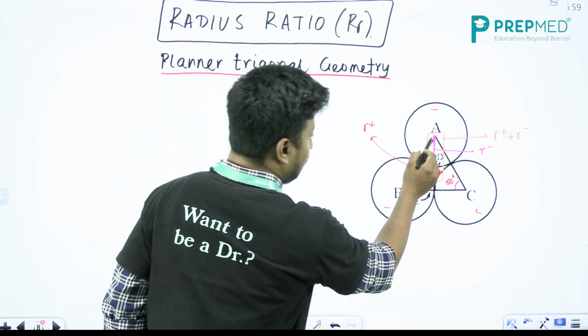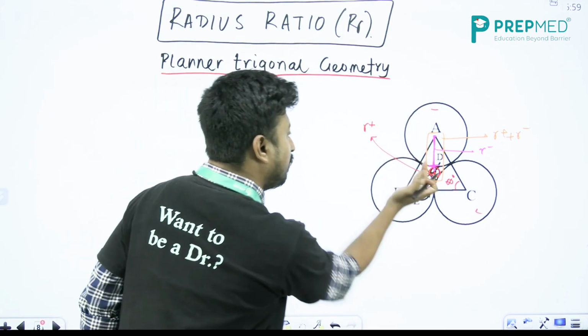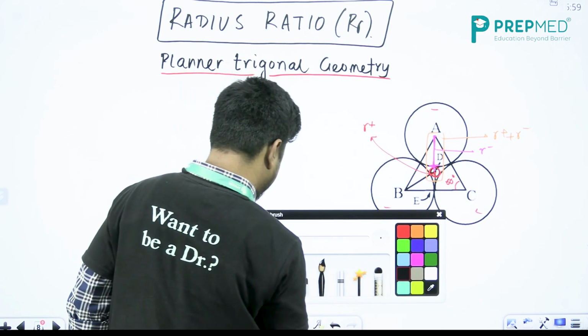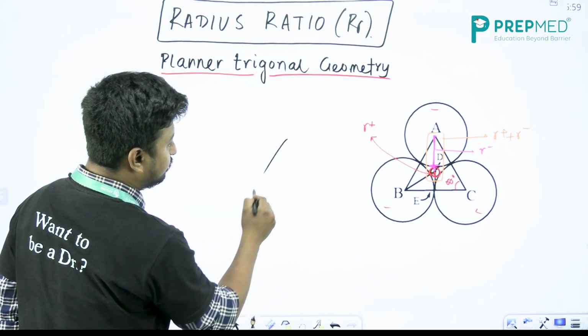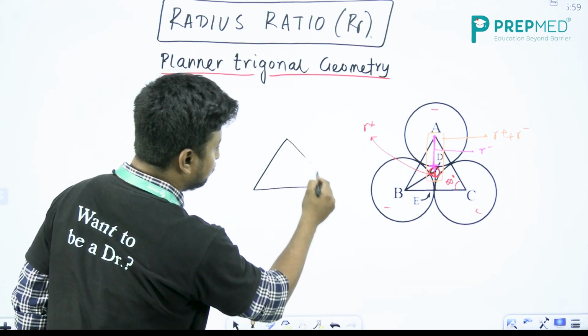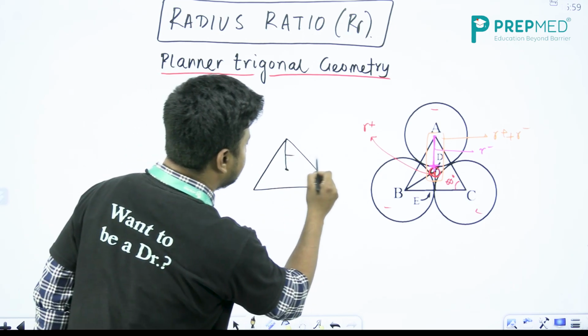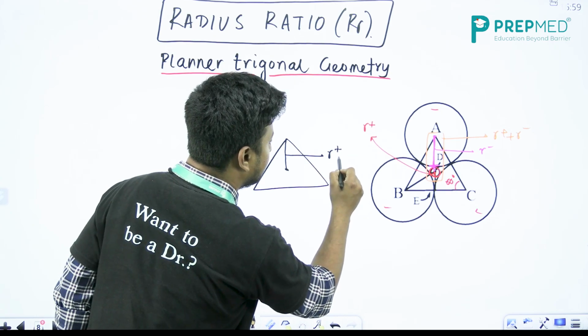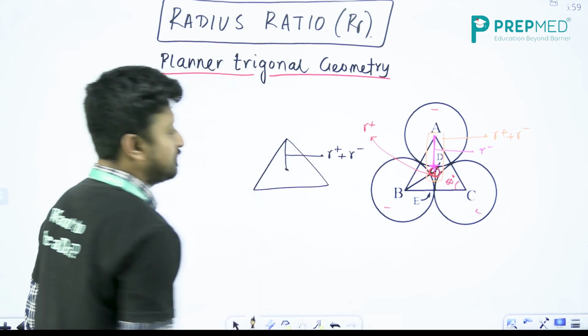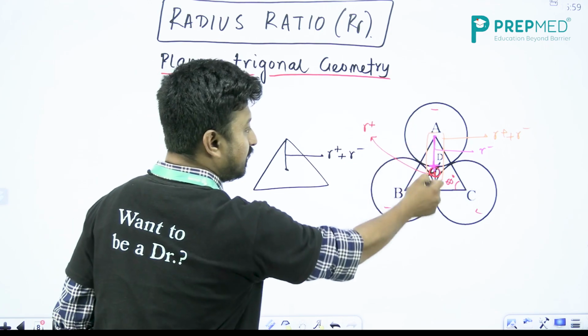Okay. Now similarly here, let's take out this triangle here and see. So this is the point and this is my corresponding r plus plus r minus, right, which is nothing but this distance.